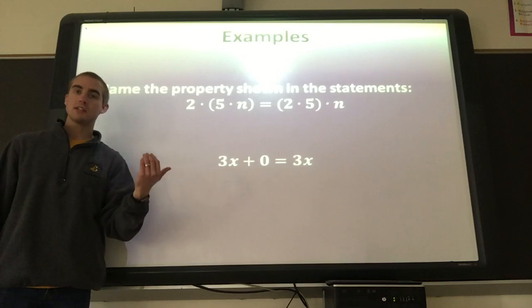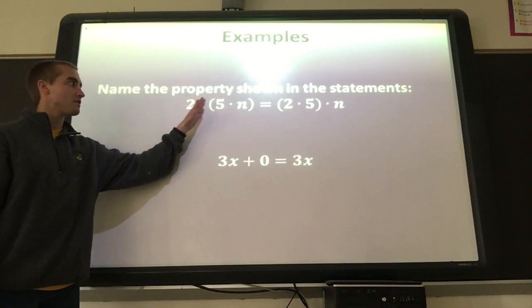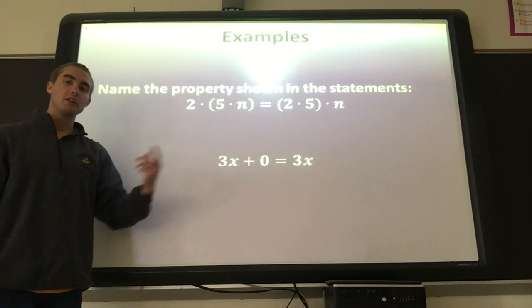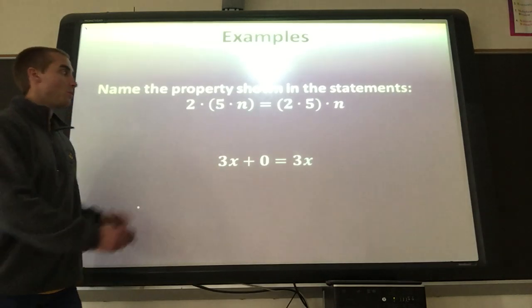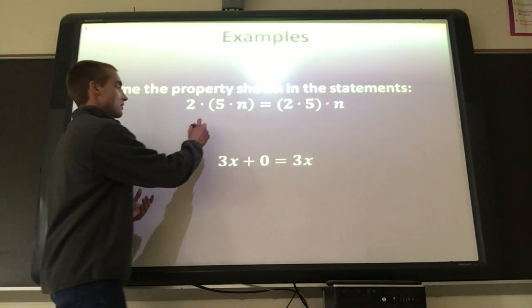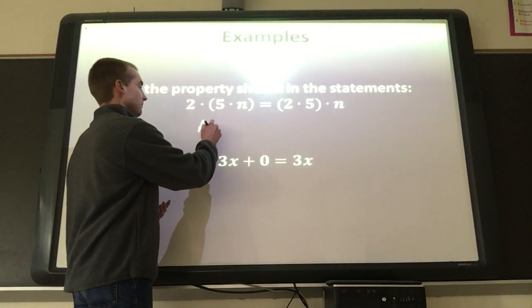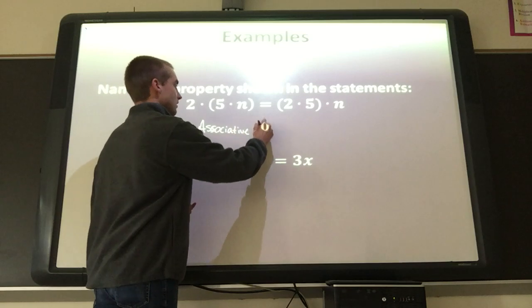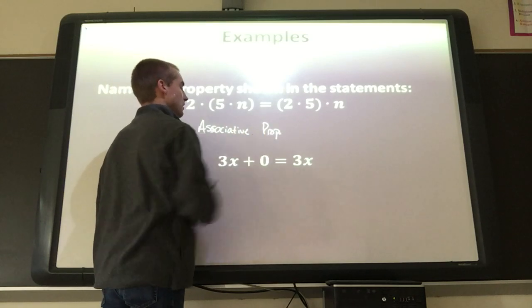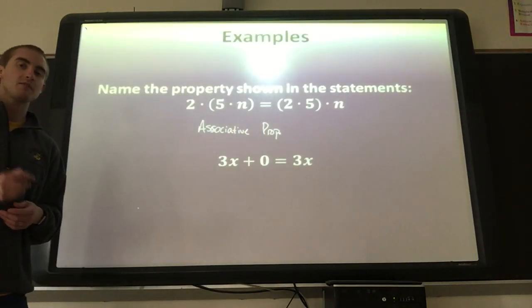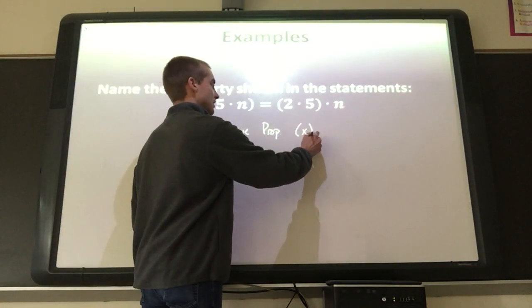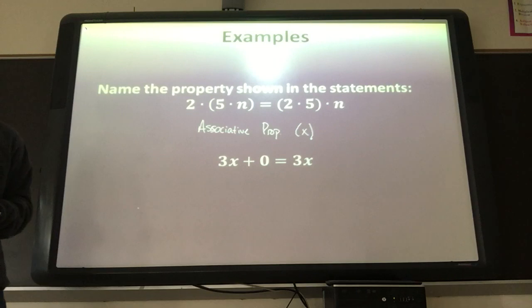It's still 2 is first, 5 is second, n is third. What's changing is what's in parentheses. And so what's in parentheses would be the associative property. One other thing that I want you to do is specify which operation it's for. In this case, just put a times sign in parentheses.